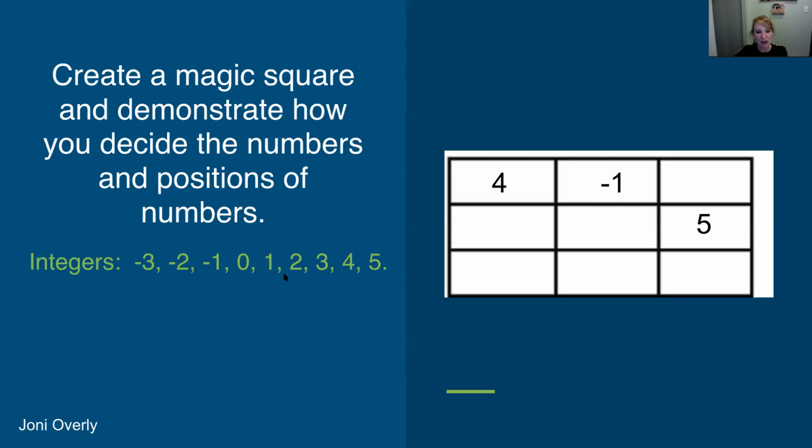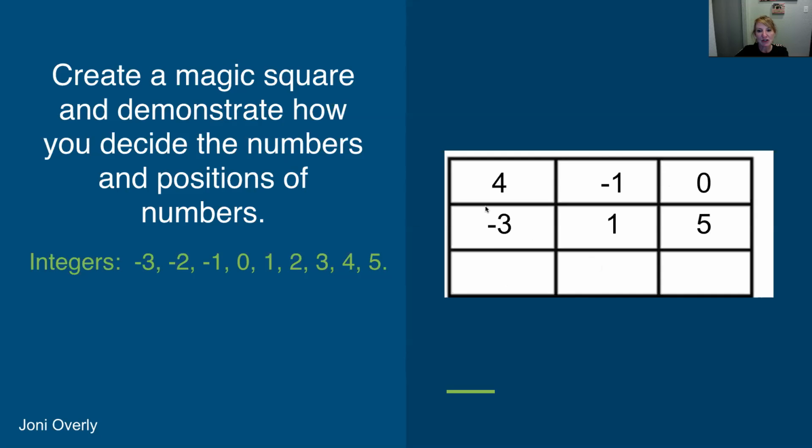So we're going to plug our numbers in, and each row and column needs to equal 3. Let's try the first row: 4 minus 1 plus 0 equals 3. The next row, 5 plus 1 minus 3 equals 3.